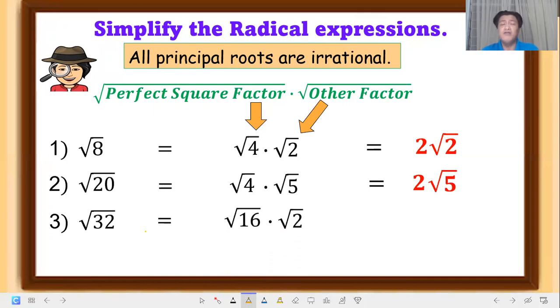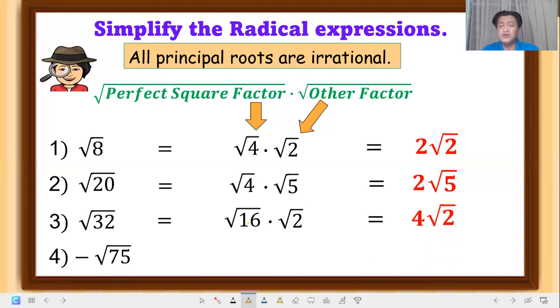Kasi kung gagamit ka ng square root of 4 times 8, pwede naman yun. But magdadalawang step ka pa doon. Ito kasi one step na lang siya before the answer. So meaning to say, what is the square root of 16? Di ba ilalabas natin yan? That will become 4. And since wala pong square root si 2, you have to copy as is. Okay, next number 4. How about negative square root of 75?